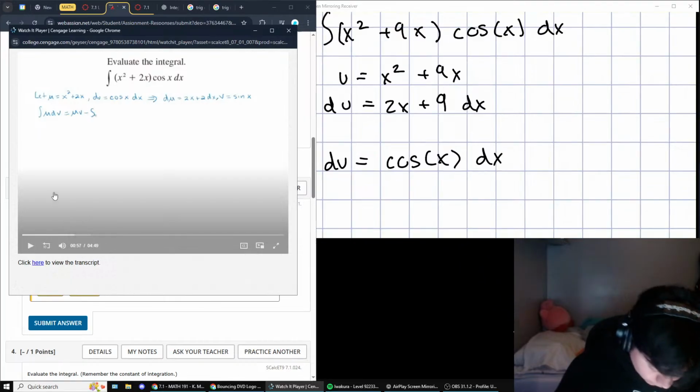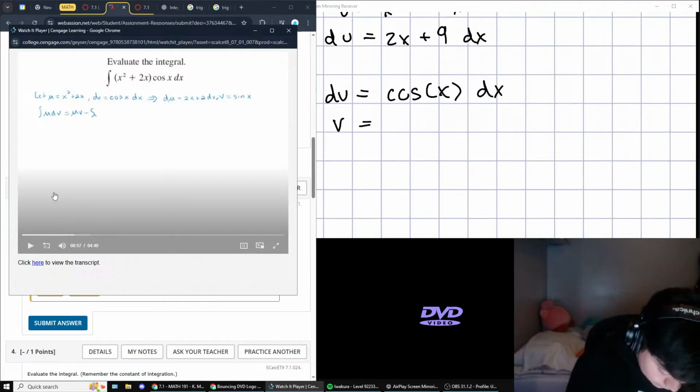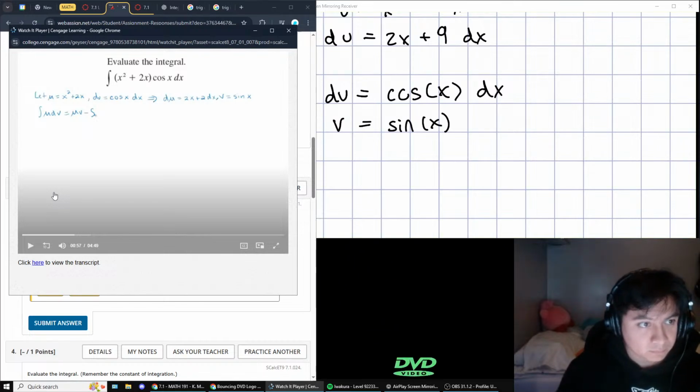Oh, we integrate that. I keep forgetting. The integral.